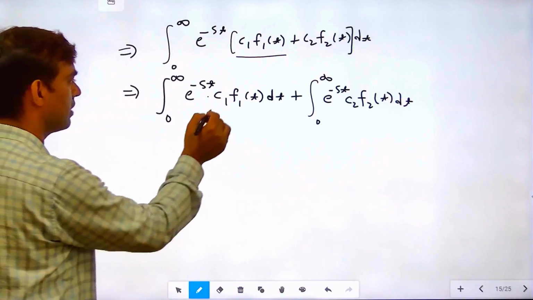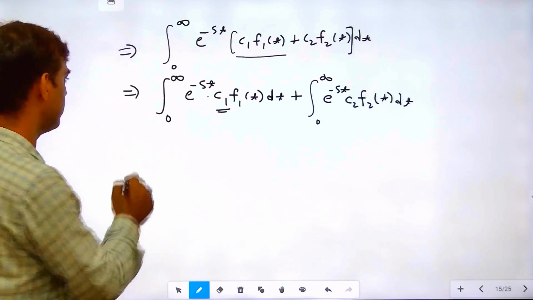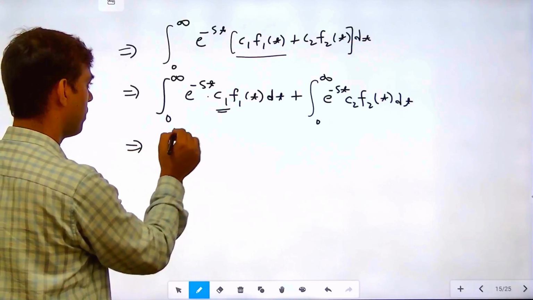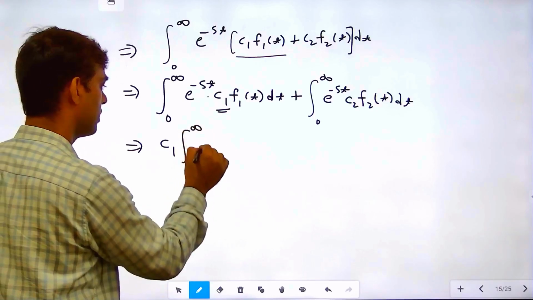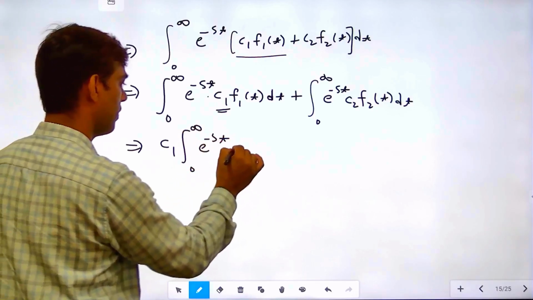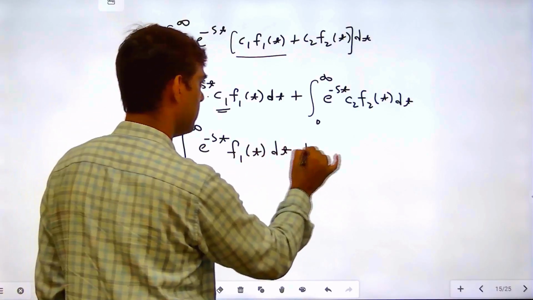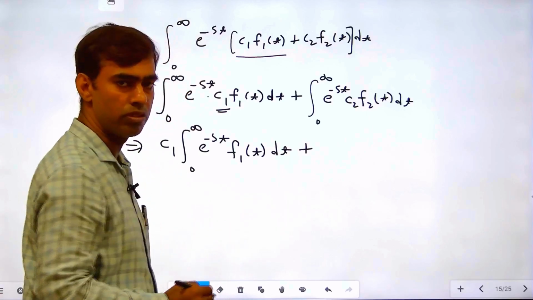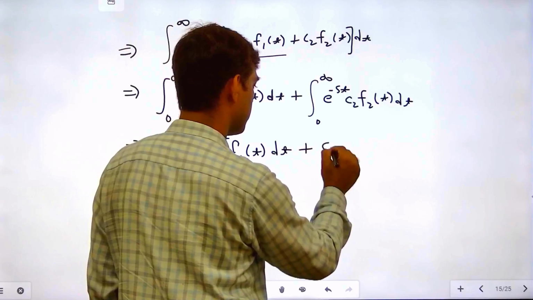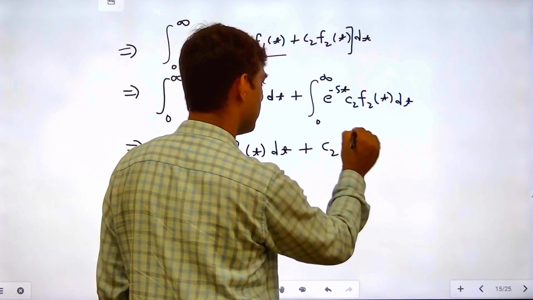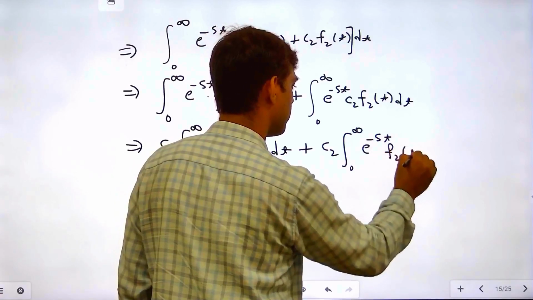Again, since c1 is a constant, it comes outside the integration. So we get c1 times the integral from 0 to infinity of e to the power minus st f1(t) dt, plus c2, again a constant outside the integration, times the integral from 0 to infinity of e to the power minus st f2(t) dt.